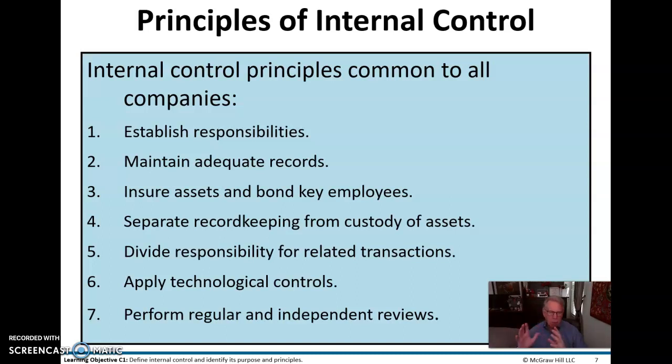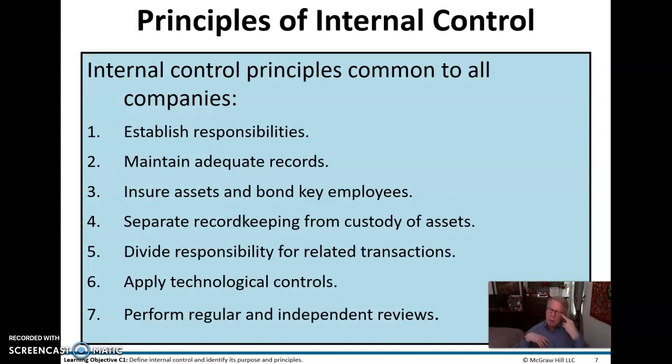we want to separate, key point here, our record keeping from the custody of the assets. Because if you're responsible for record keeping and the custody of the assets, you could just write that asset off and take it home, right?